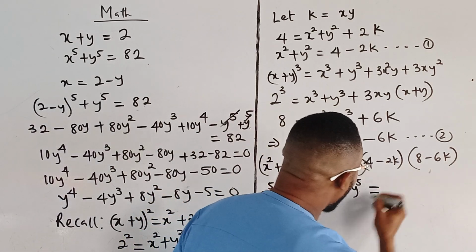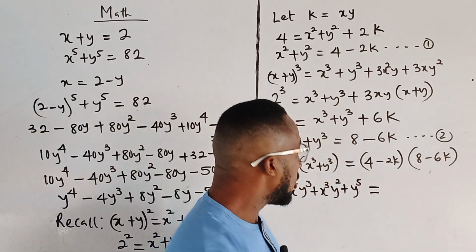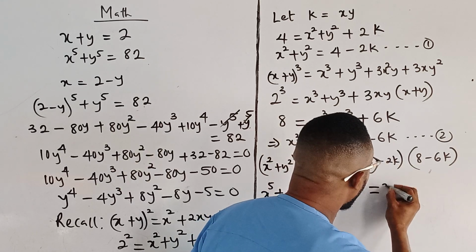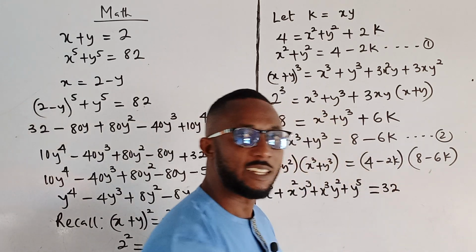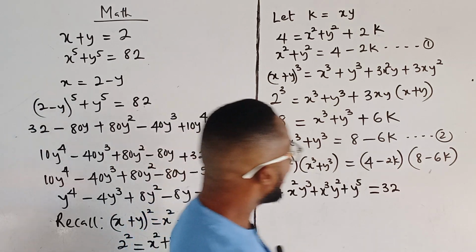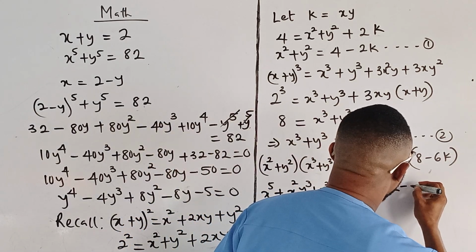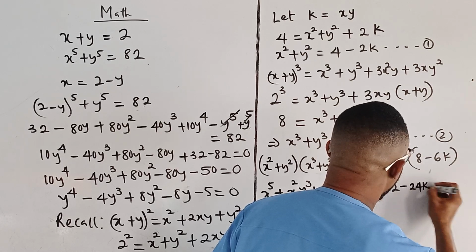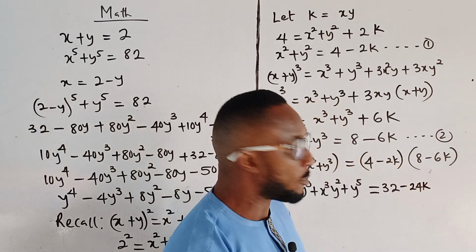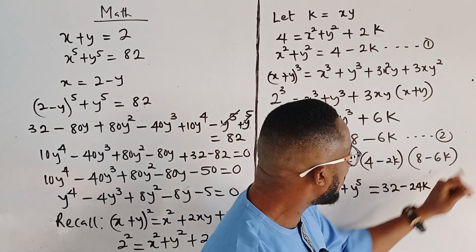Then on the right hand side, we have 4 multiply 8, which is 32. 4 multiply negative 6k, that will be negative 24k. I'm done with using 4 to distribute.